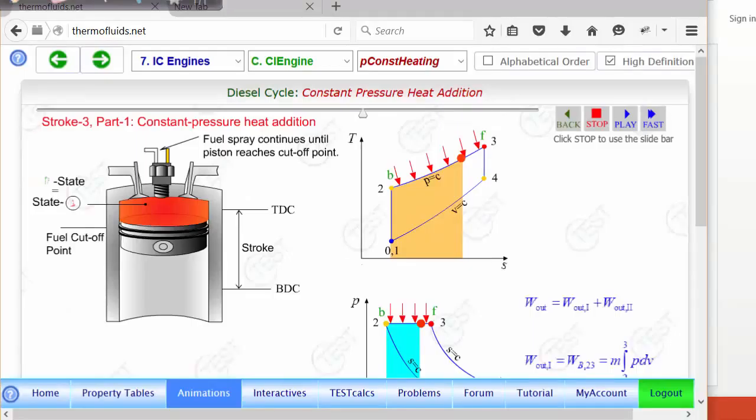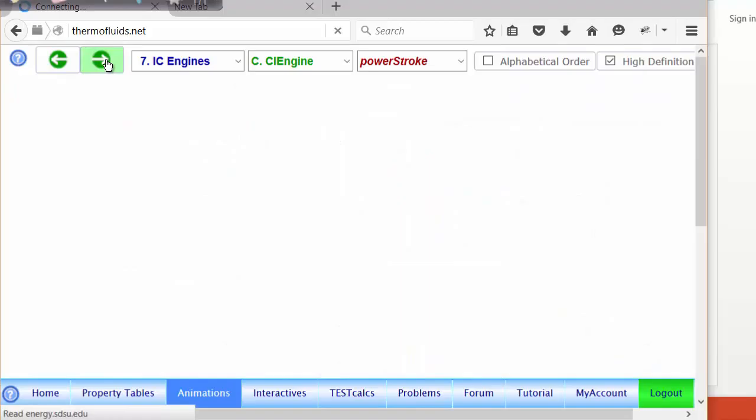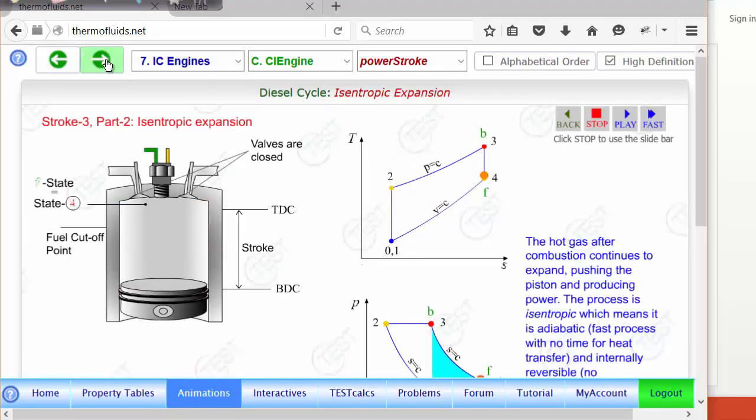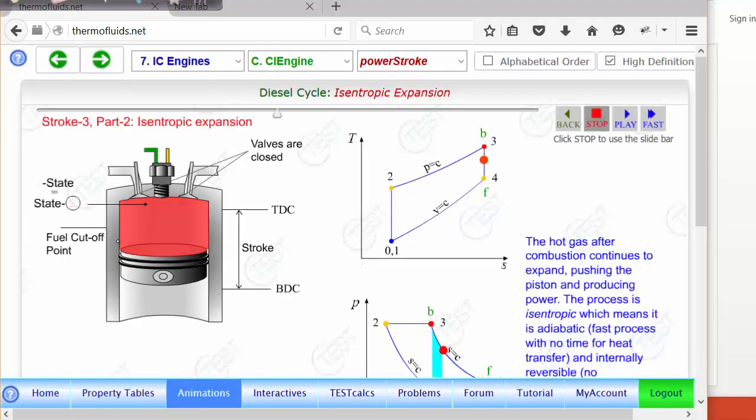Let us continue with the next process. In a diesel cycle, which is modeling the compression ignition engine, we'll assume heat is added. The heat addition stops when we reach state 3. Then the air is still very hot and at a very high pressure at state 3, and it expands isentropically, just like in an Otto cycle, to state 4.